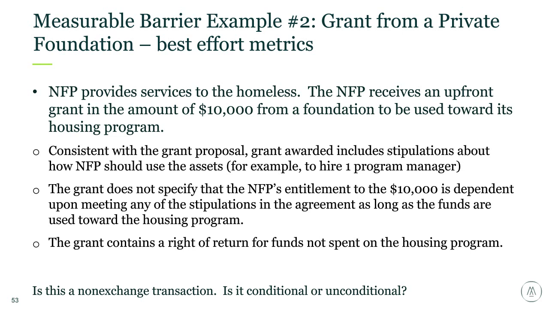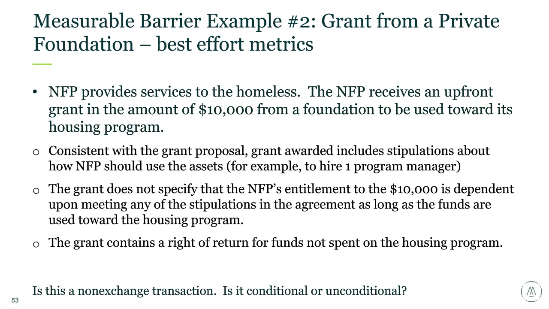For example, they say that they're going to hire a program manager, which they wrote within the grant proposal itself. The grant does not specify that the entitlement to the $10,000 is dependent upon meeting any of the stipulations in the agreement, as long as the funds are used towards the housing program itself. The grant does contain a right of return for funds that are not spent on the housing program.